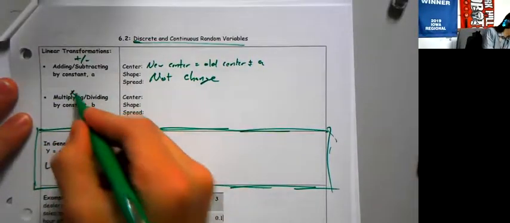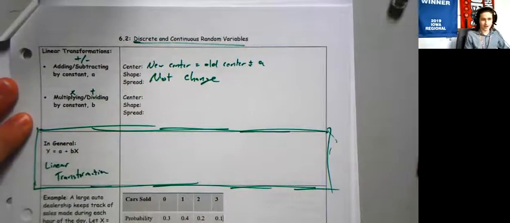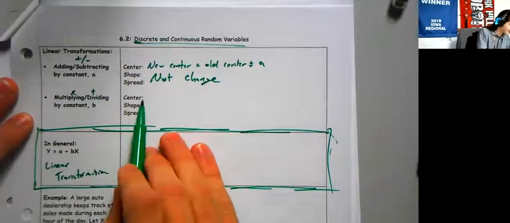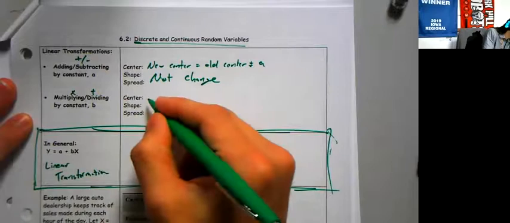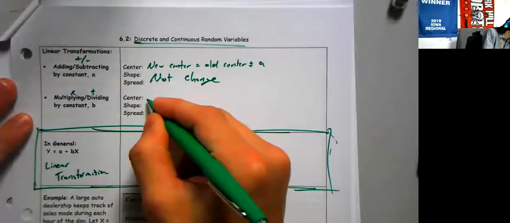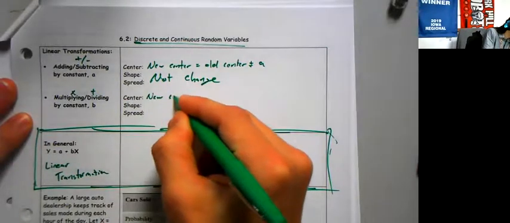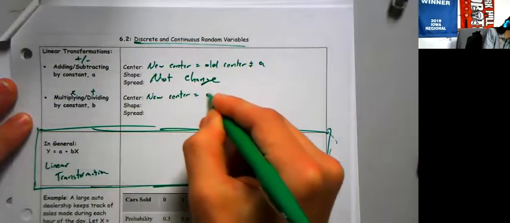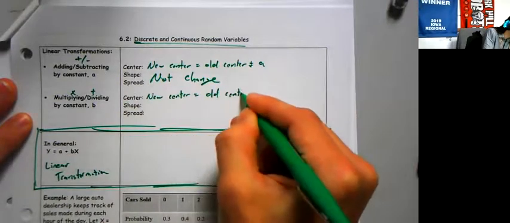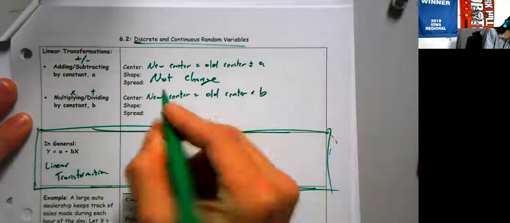However, multiplying or dividing by a constant b is going to affect both the center and the spread. The new center equals the old center times b. Shape is not affected.